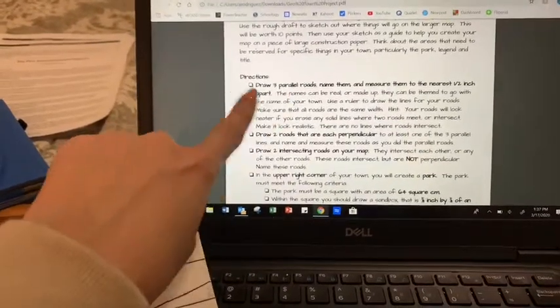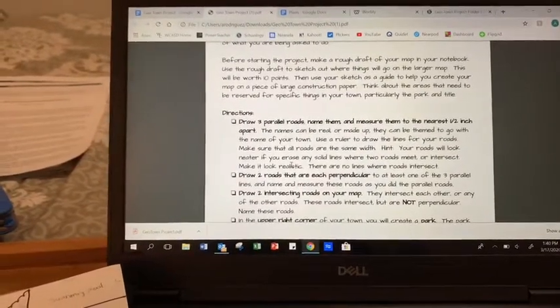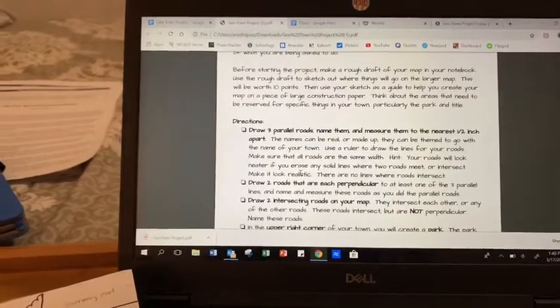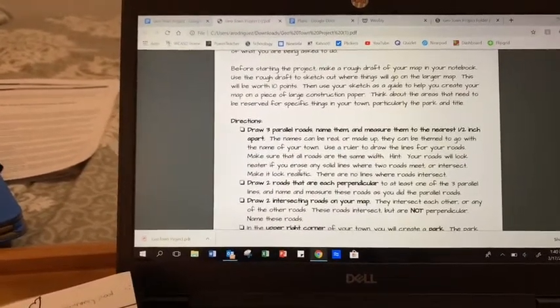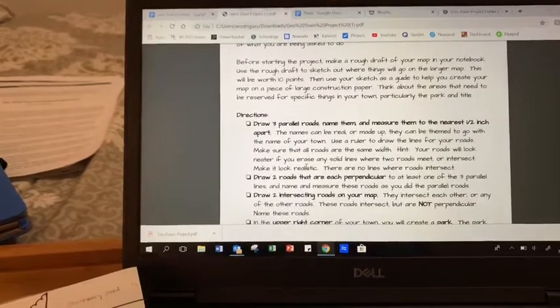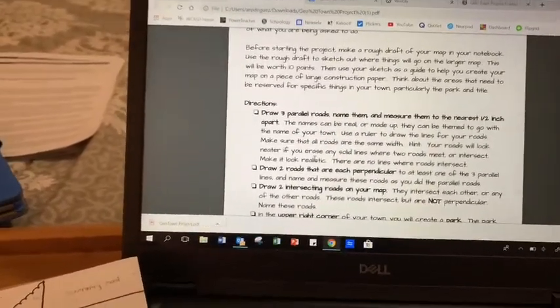So I'm starting right here on the directions. What students will need to begin creating or thinking of is 3 parallel roads, which they will name and measure to the nearest half inch apart. Now, if we don't have a ruler, I'm perfectly fine with that.